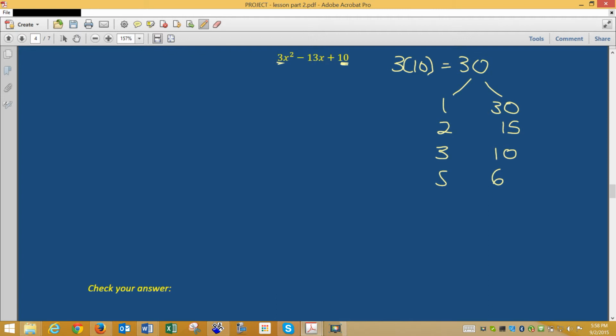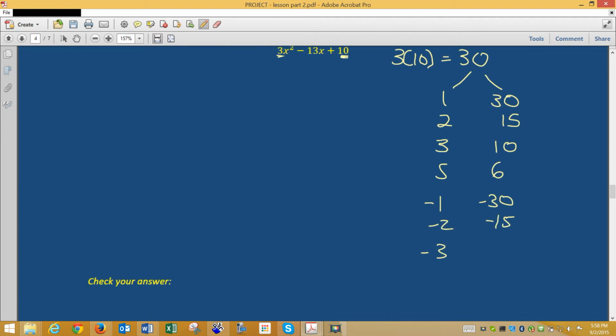Oh, but of course we can also have negative 1, negative 30, negative 2, negative 15, negative 3, negative 10, because two negatives multiply to give a positive. Okay, that add to equal negative 13. Let's see. Well, this one's close, but it's positive 13.